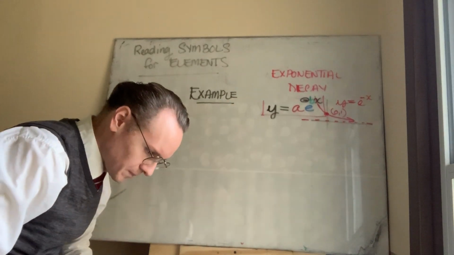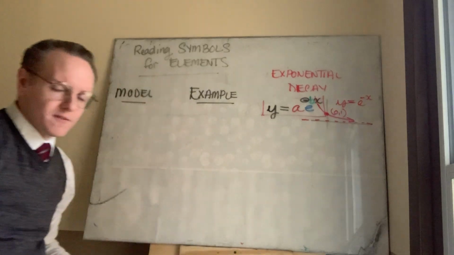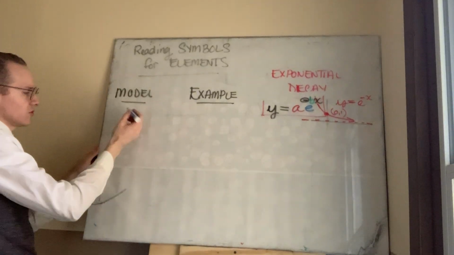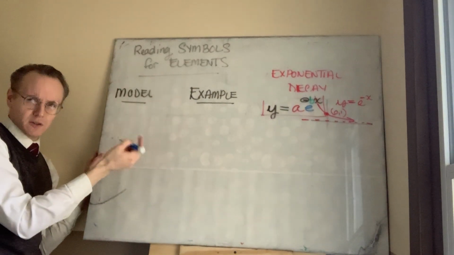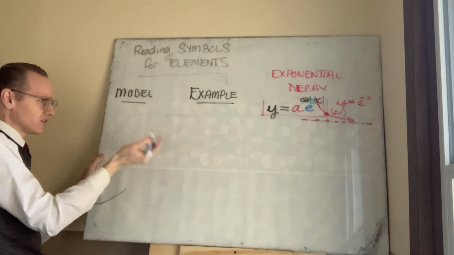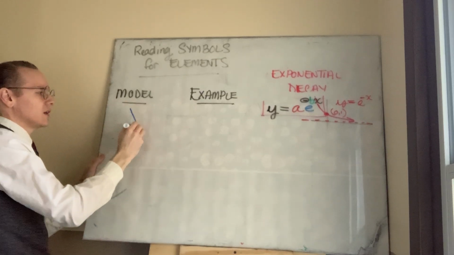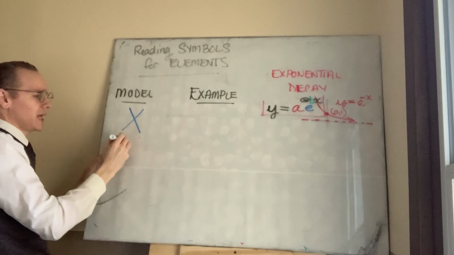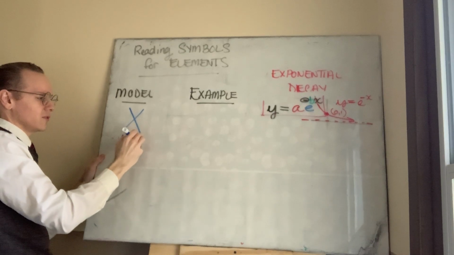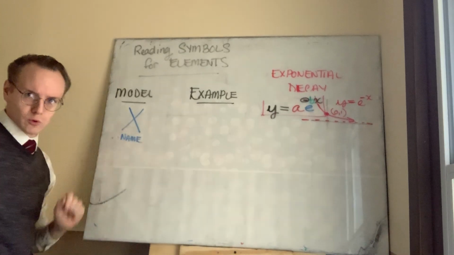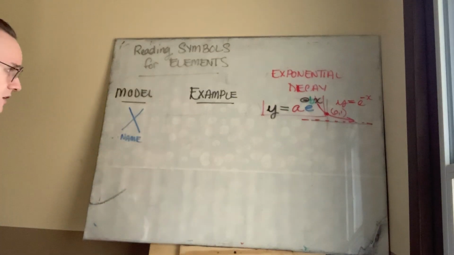The abbreviation for the elements: xenon is the only thing that would be X. The element name would be an abbreviation, usually a capital letter, or a capital letter and then a lowercase letter.